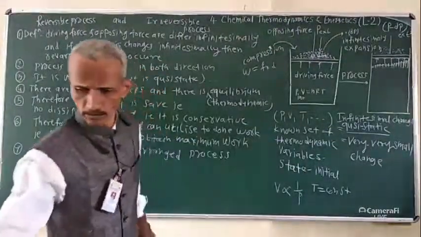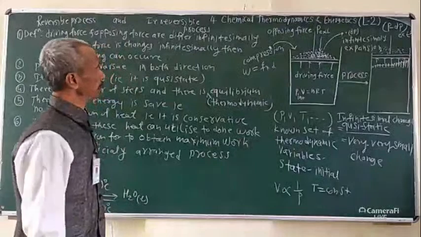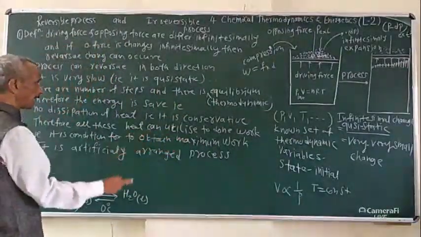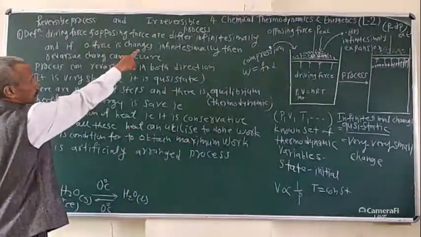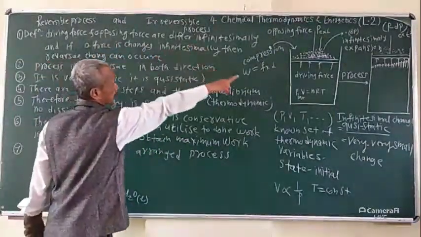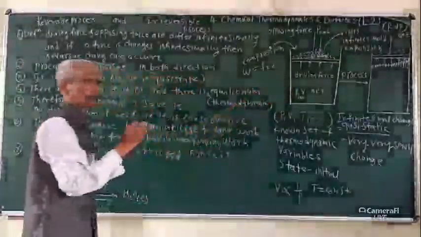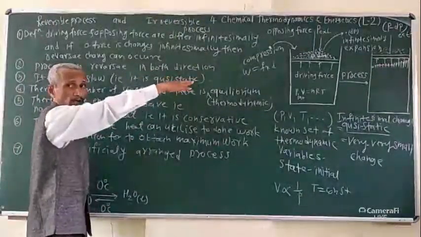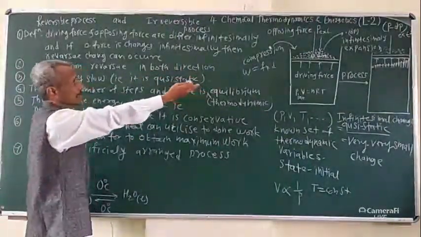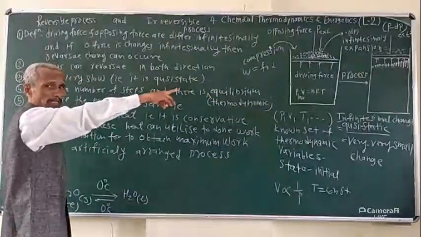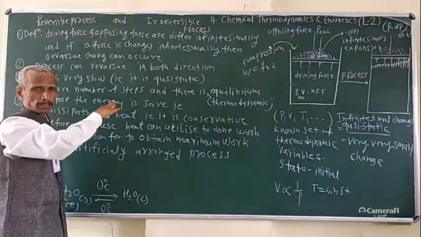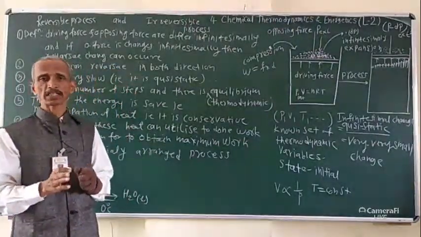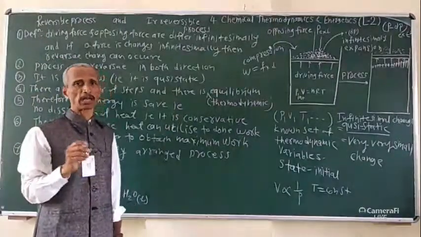Okay. Now this is about the reversible process, where the opposing force and the driving force differ very slightly, and depending upon their values, either compression or expansion takes place. There are a number of steps, the change is very slow, right? And because of this very slow change, there are a number of steps, and at every step there is an equilibrium, right? Thermodynamic equilibrium.